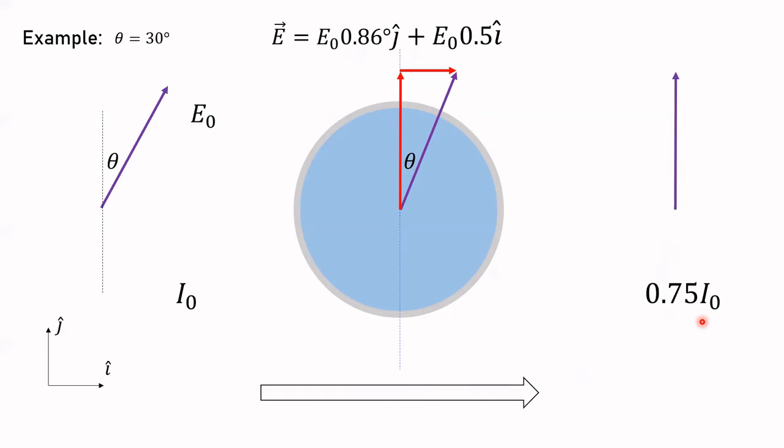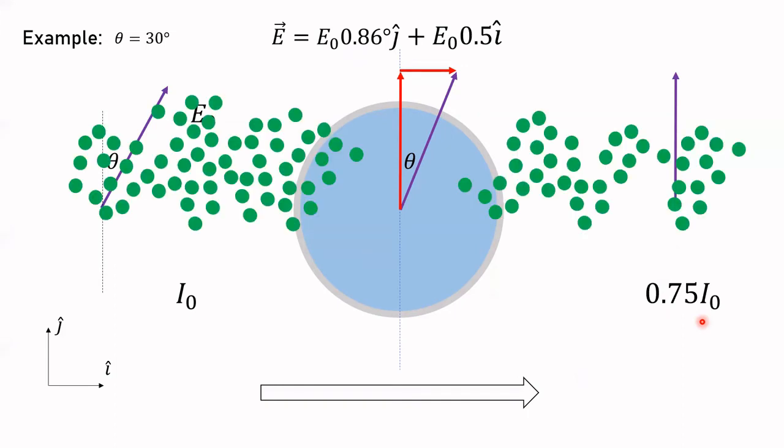Now, I've already pointed out that one way to think about light is a stream of photons, these little quanta or packets of energy, discrete packets of energy that can be absorbed and emitted one at a time. And we'll have more to say about that later in the semester. So if the incident energy and the transmitted, I should say intensity, is just a whole bunch of these light quanta, then we can picture that here.